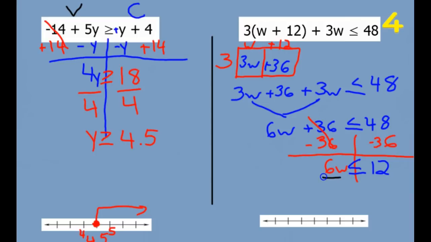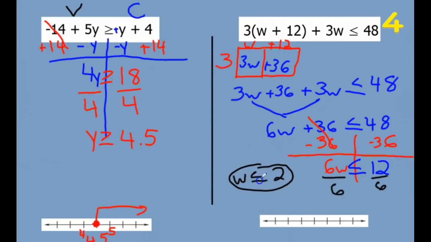And the last step is to divide by 6. What we end up with is W is less than or equal to 2. 12 divided by 6 is 2.